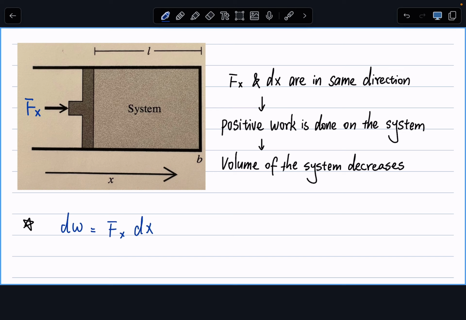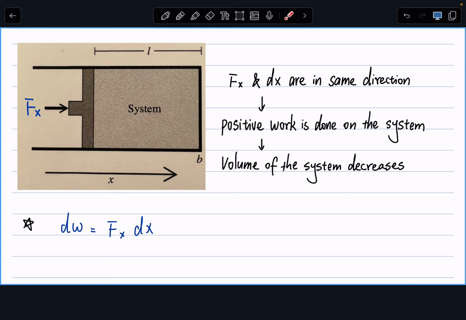But in thermodynamics, that Fx is less useful for us. We care about the relationship of pressure, volume, and also temperature. So translating that into pressure and volume, we're thinking about a very simple one-dimensional system, where Fx and dx are pointing in the same direction.